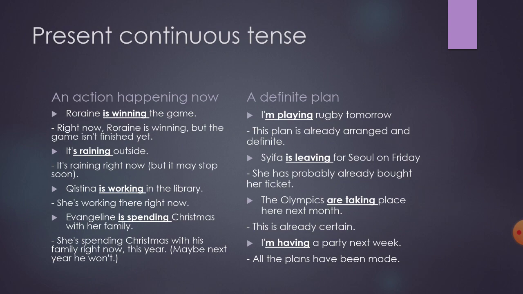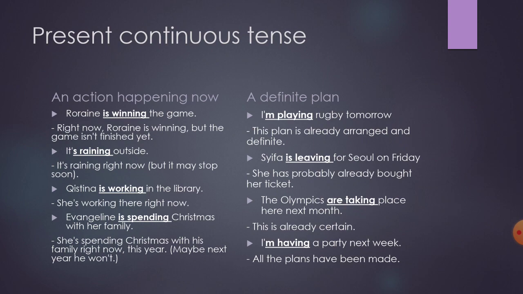So if you notice, to use present continuous tense for a future action, we need to include a timeline. For example, the first one, I'm playing rugby tomorrow. Tomorrow indicates the future. Second one, on Friday. Third one, next month. And the fourth one, next week.